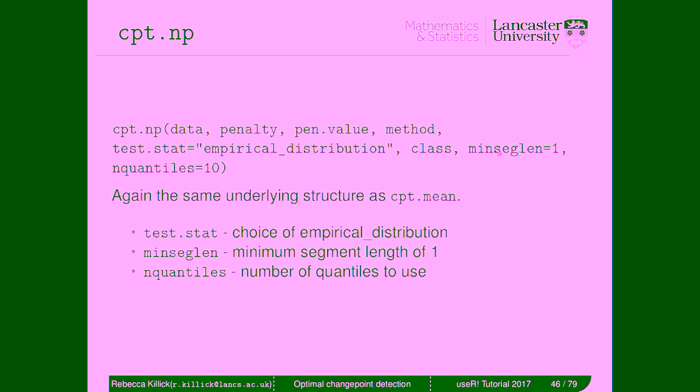Again, you've got the minimum segment length here and all of the other options that you've got coming through. And then for the empirical distribution test statistic, we have nquantiles. This is looking purely at a change in distribution and using the empirical distribution function, the ECDF, if people are familiar with that. When you do that, you want to look for a change in distribution, so we're not constricting to mean or variance. You're saying, is this distribution the same as this distribution?